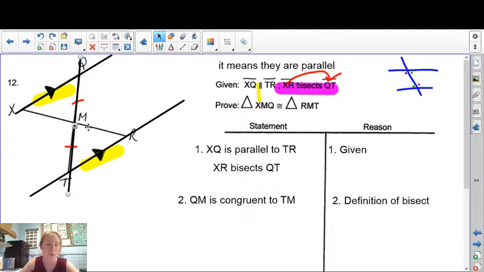Ignoring the other part, pretend this XR doesn't even exist. For a moment, just pretend he's gone. That means that, following with my colors, oops, I lied. Here, or that angle over by Q is congruent to that angle by T.